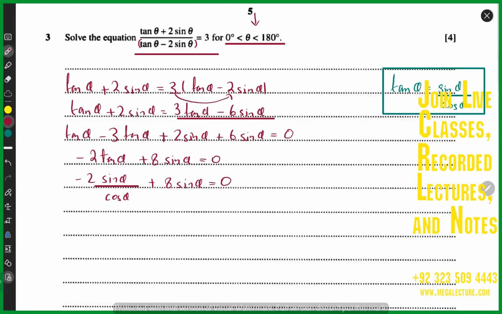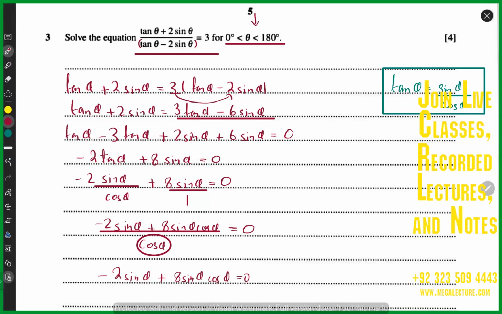Next, I can take LCM. I have 1 over here, and this is going to be cos theta minus 2 sine theta plus 8 sine theta cos theta equals 0. I will take this cos theta on the other side, and finally I would get minus 2 sine theta plus 8 sine theta into cos theta equals 0.